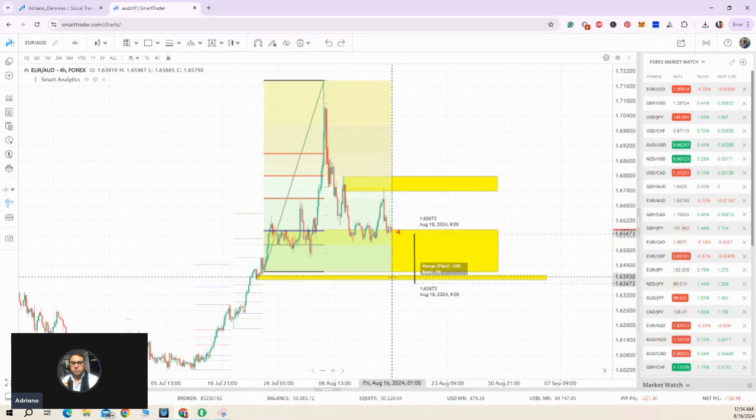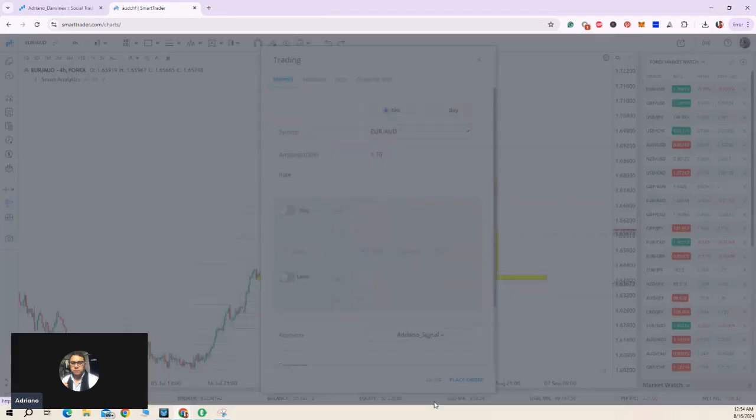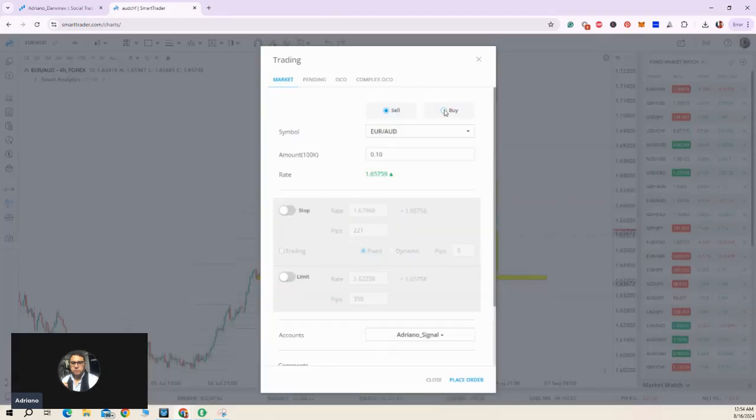200 pips. So let's place a trade for 200 pips. It's gonna be buy. This trade you're gonna place as a market order because I want to get in right now at this exact price.